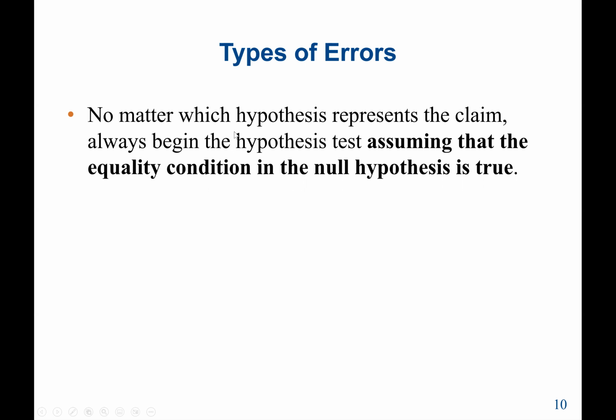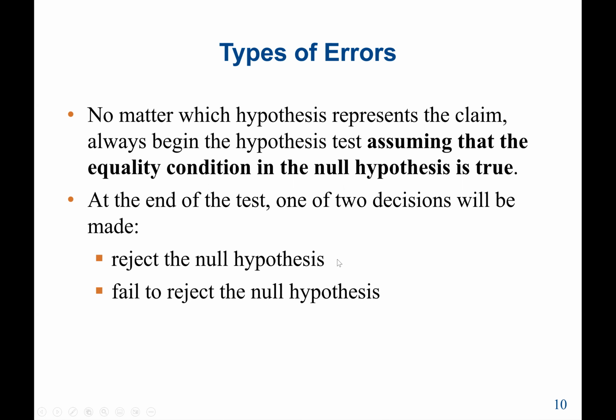No matter which hypothesis represents the claim, always begin the hypothesis test assuming that the equality condition in the null hypothesis is true. Always. But at the end of the test, one of two decisions will be made: either we reject the null hypothesis, or we fail to reject the null hypothesis.